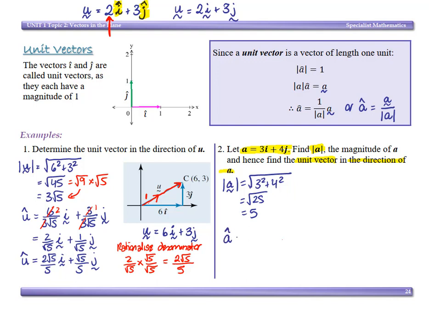So my unit vector is going to be 3 over 5 i plus 4 over 5 j. Again, you can check that.